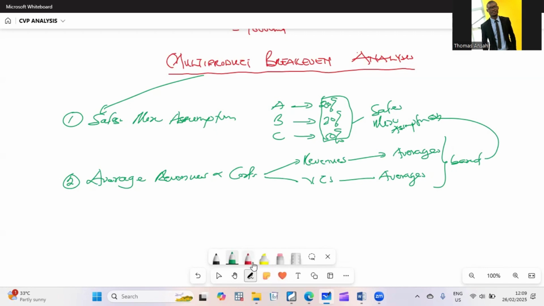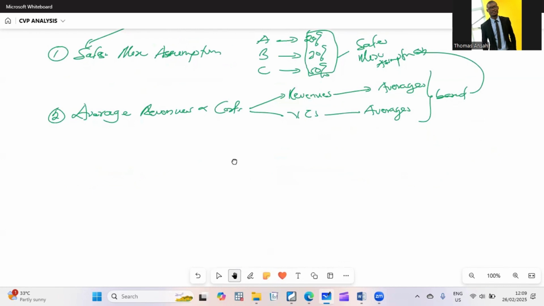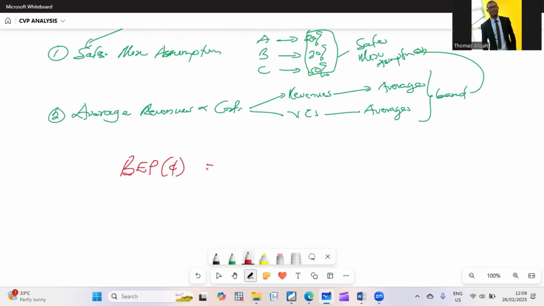So now, for example, if we are doing our break-even in revenue, what is the break-even point in revenue? What did we learn? We learned that it is the total fixed cost divided by what?